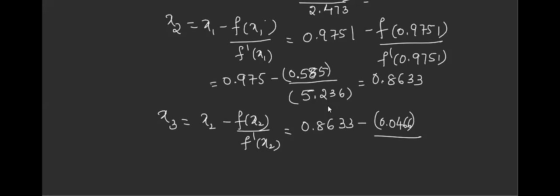Next, f dash of 0.8633 is 4.417. Now do the entire calculation. The answer is 0.852.